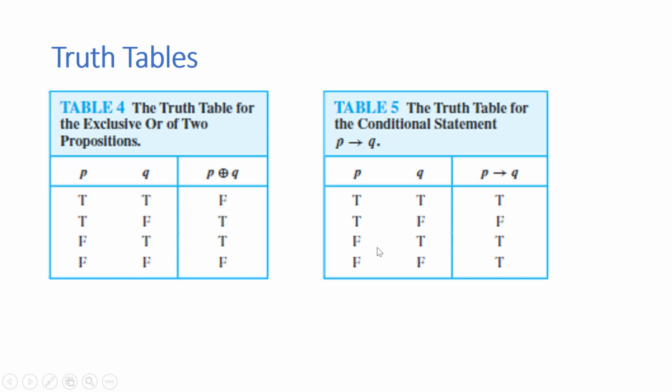If P is false, we really don't care. Q can be true, and therefore the whole statement is true. So P implies Q is true when P is true and Q is true, but it is false if P is true and Q is false. Now false implies false is true. That's kind of an interesting thing. We'll talk about more examples like that.